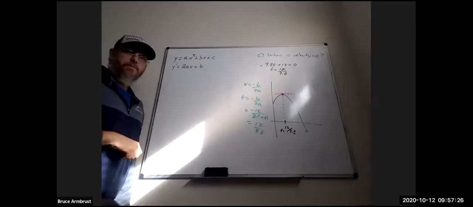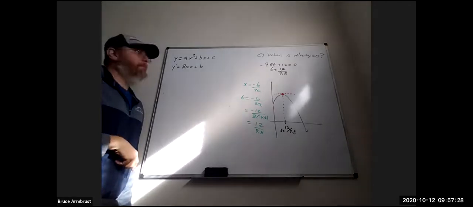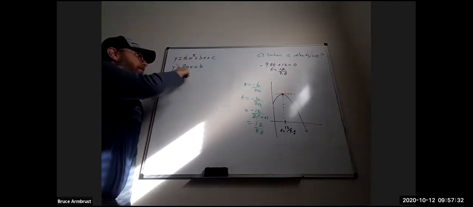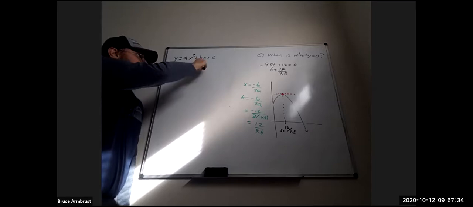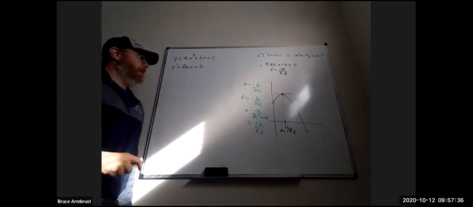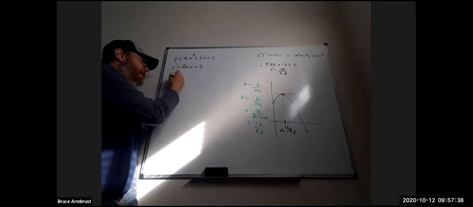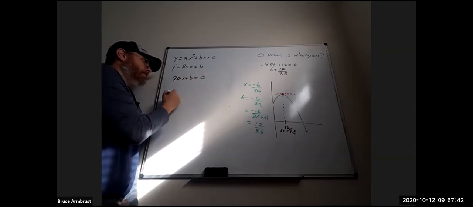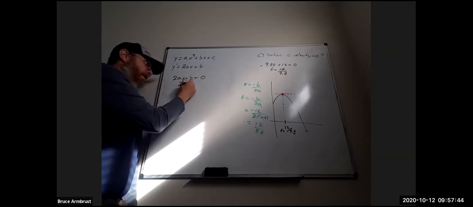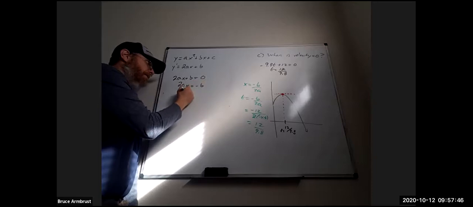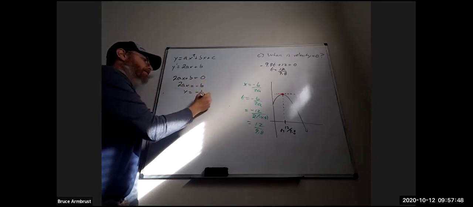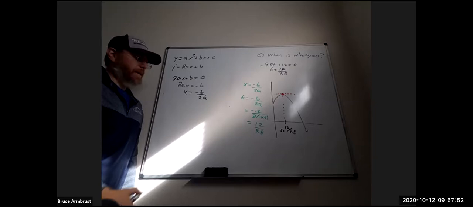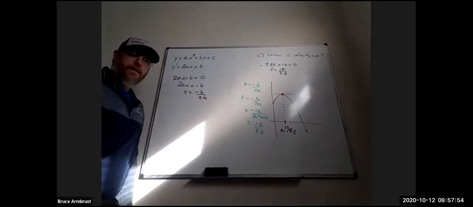So we're just using power rule, right? x squared gives me 2x, the a stayed along. bx gives me b, and then c goes away. Well, if we take 2ax plus b, and we set it equal to 0, and I solve that for x, check it out. We get x equals negative b over 2a.